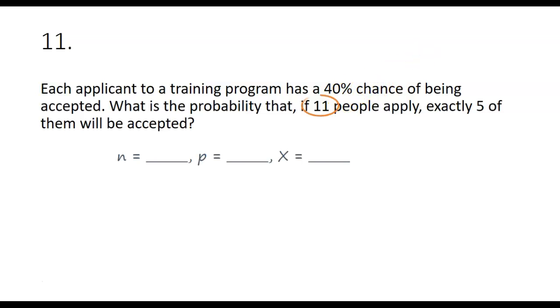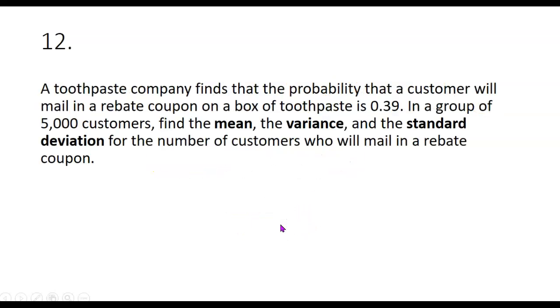So with n being 11, p being 0.4, and x being 5, we need to find the probability, and we can do it either one of the ways we did in the last example with the calculator function or the formula, or this one we could look up on table B. And however you do it, the answer is 0.221.